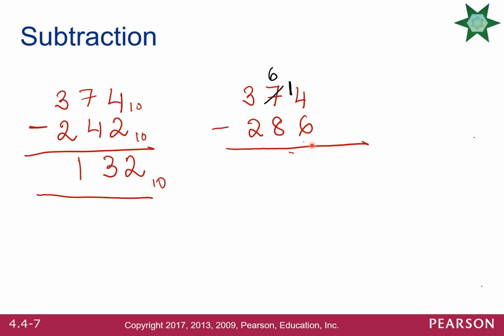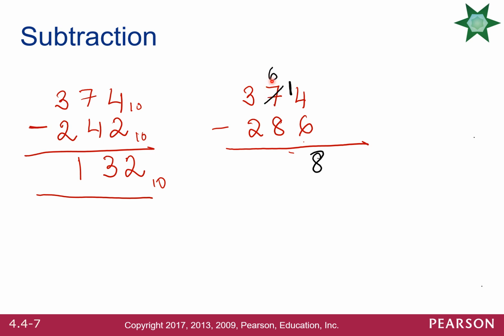So 14 minus 6 is 8. Now we look at the next column to the left. So we have 6 minus 8, right? No longer is it 7 because we took a bundle of tens from the 7.